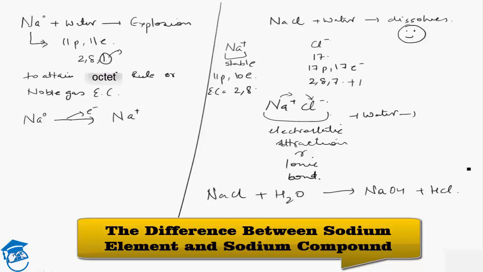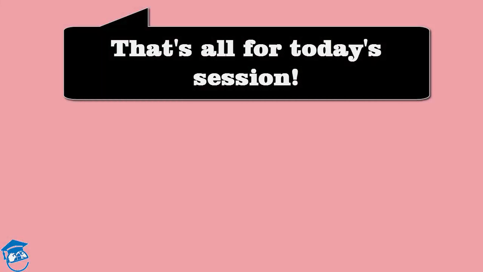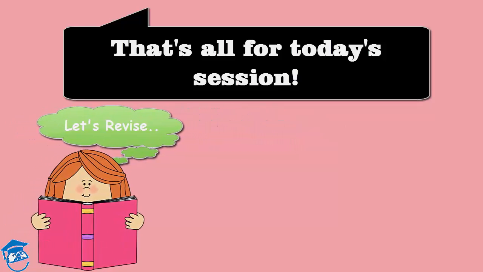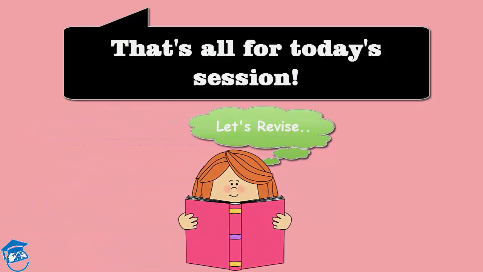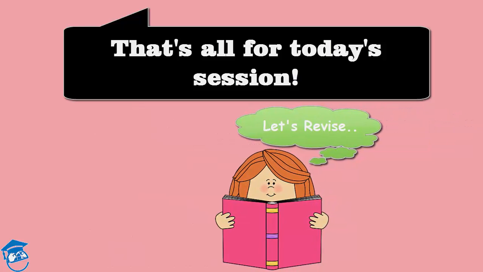The previous one, sodium reacting with water, gives an explosion, so this is not actually preferred for the preparation of hydrogen. So this was the session to see how sodium helps in the preparation of hydrogen gas, but it is not preferred because it is a very explosive and violent reaction.